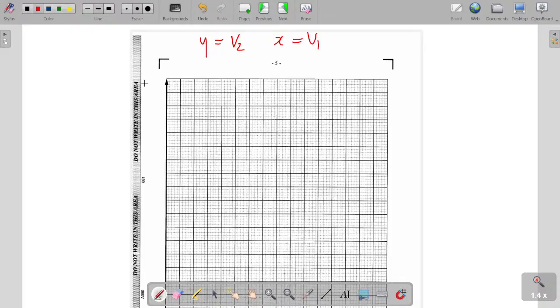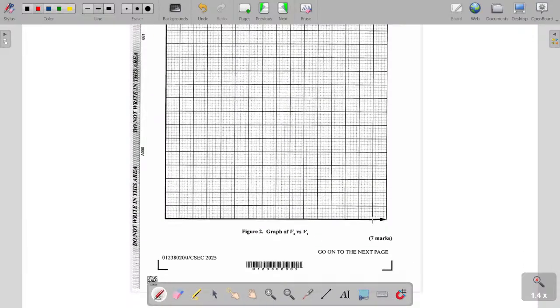So we label our axes: this is our y-axis, so we should have V2 on this axis, and on this axis we should have V1 because that is our manipulated variable.